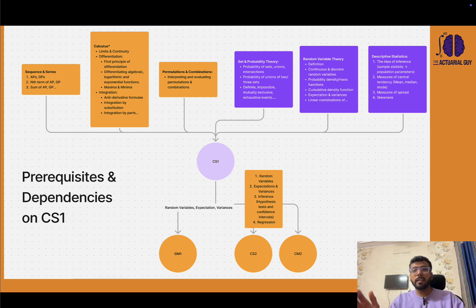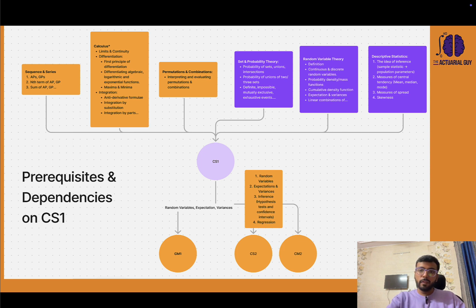Apart from that, there are three more topics which are prerequisites. These three topics I've covered in detail in three prerequisite videos that I have made for subject CS1. The first one is your set and probability theory. I've covered it in a lot of detail, so I'm not getting into it here, although I've just mentioned the topics that are relevant.